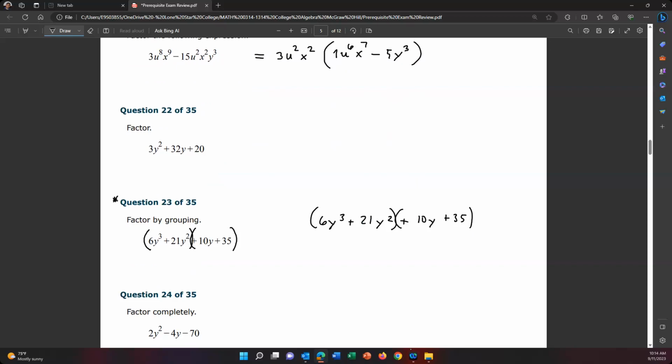Okay, and the answer is 6 doesn't go into 21, but 3 goes into 6 and 21. Okay, I'm also noticing that they both share a y, so I'm going to take a y square.